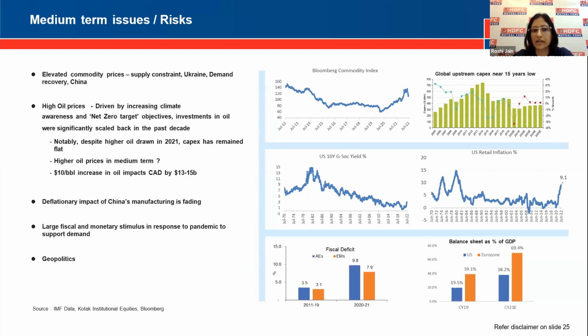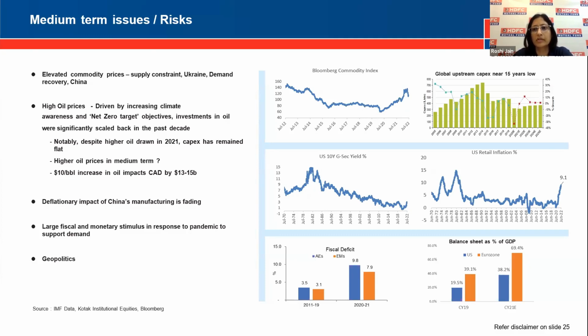Also, given the kind of underinvestment that we have seen in some of the fossil fuels over the last few years, the supply constraint is something that could pose a risk to both oil prices as well as to the current account deficit in India.